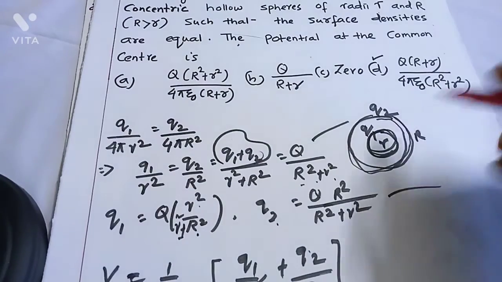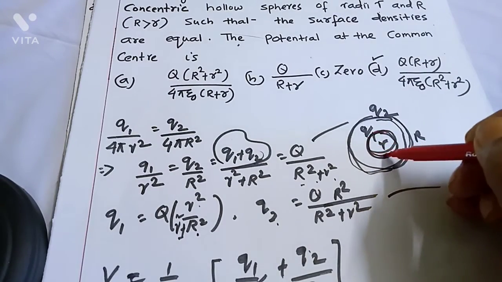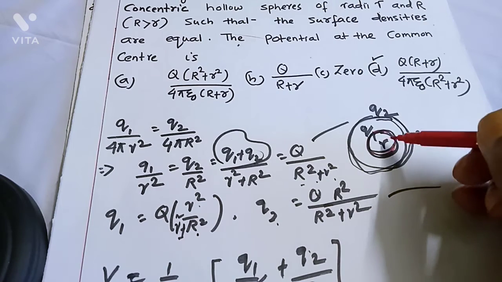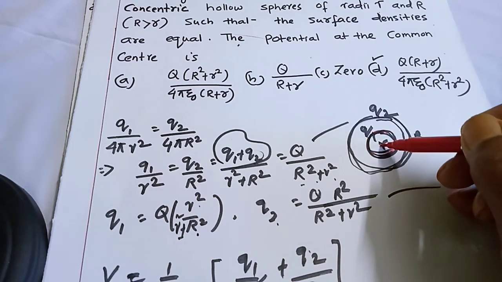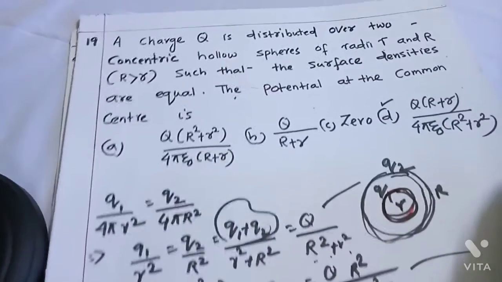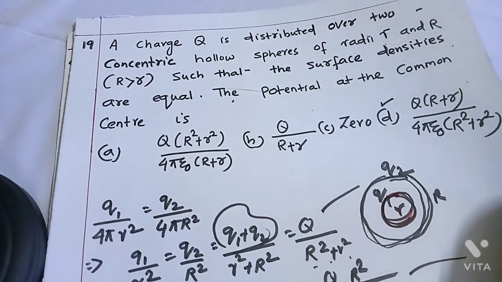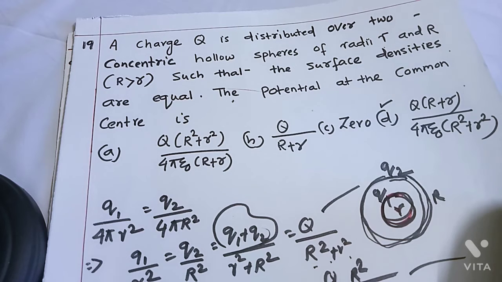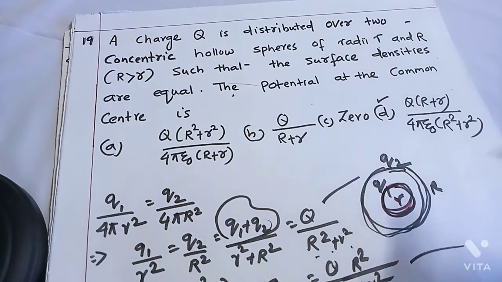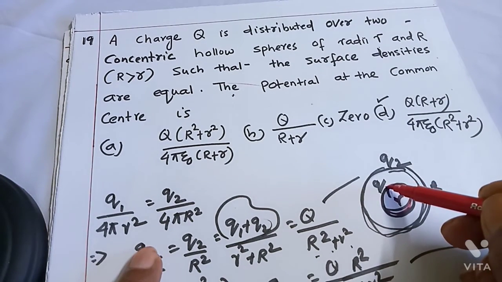Now, two concentric spheres having a common center here, radius small r and outer is capital R. Now they are given charges. A charge Q is distributed over two concentric hollow spheres of radius r and capital R, such that the surface densities are equal. Now surface density means charge per unit surface area.